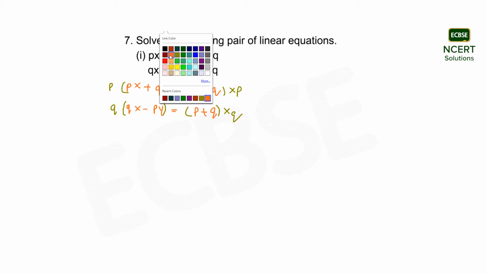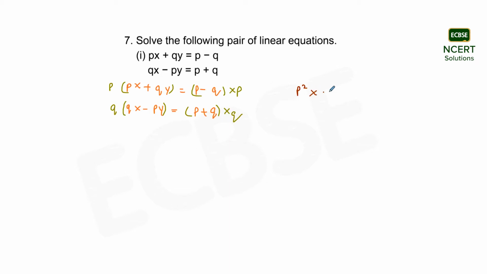On multiplying, I'll get the two equations as p²x + pqy = p² - pq, and the second equation will be q²x - pqy = pq + q².